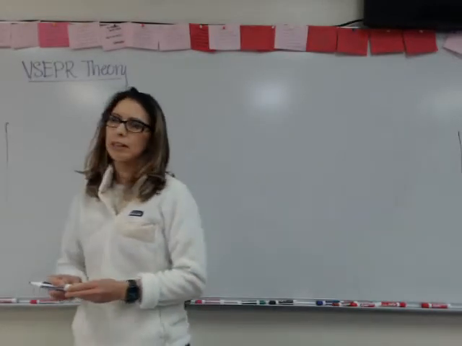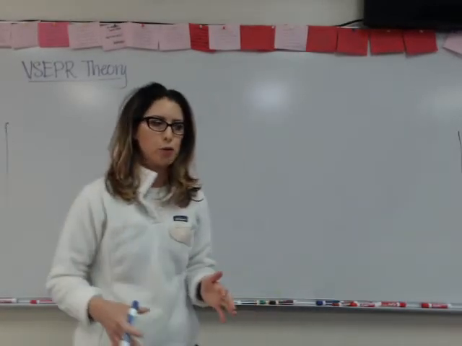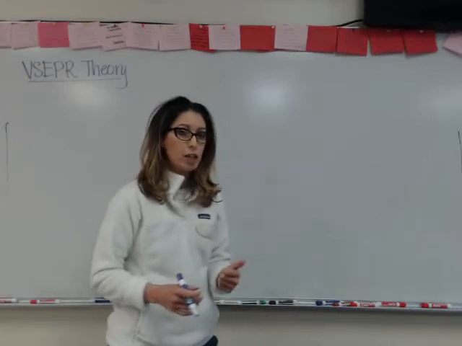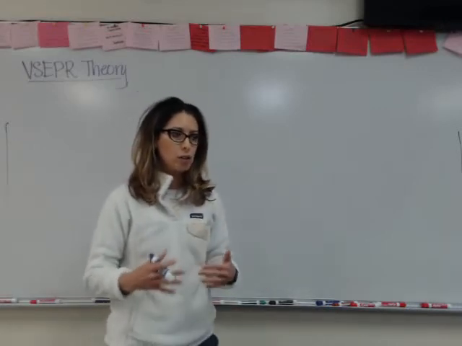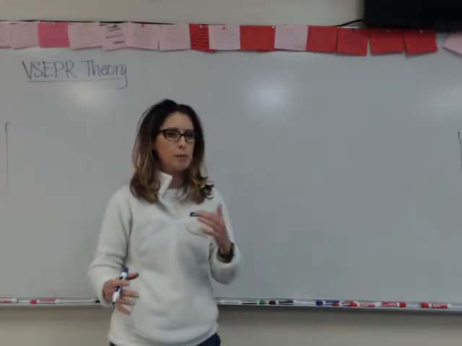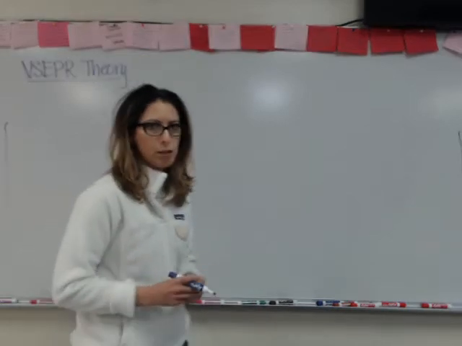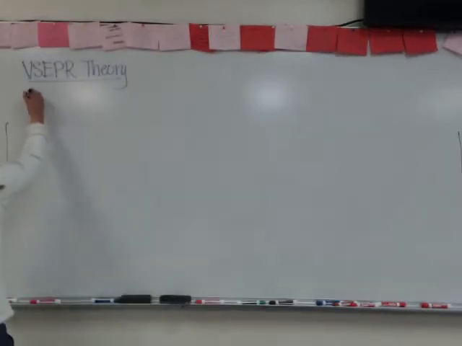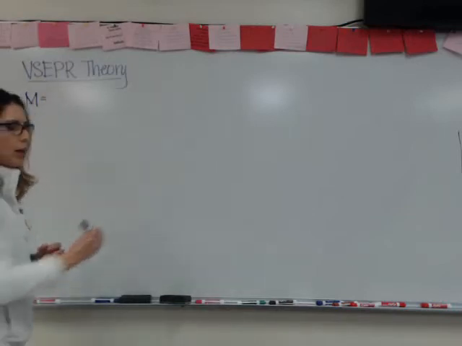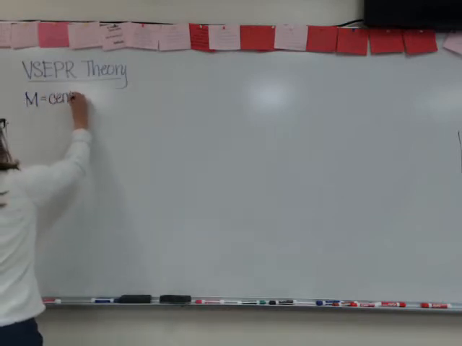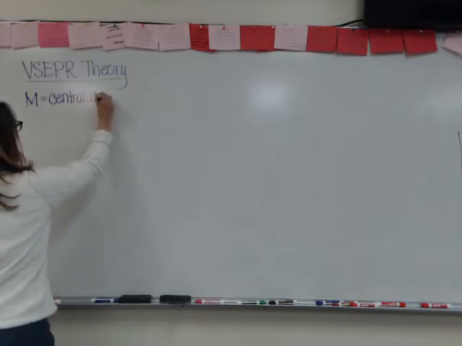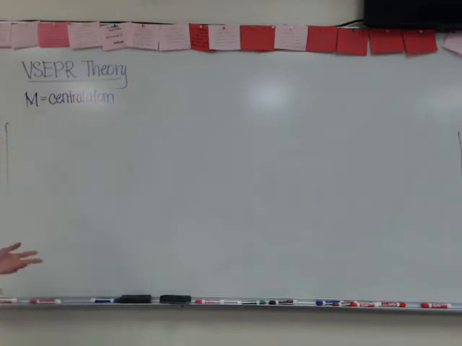If you take a look in the module for this chapter, there is a document that has all of these designations on it that I'm going to be outlining first before I do some examples. So if you're looking at a molecule, M is what we are going to assign for the central atom, or the atom around which we want to determine the shape.